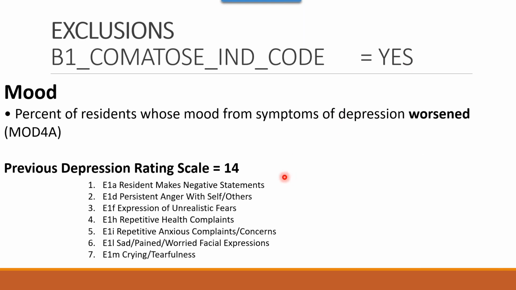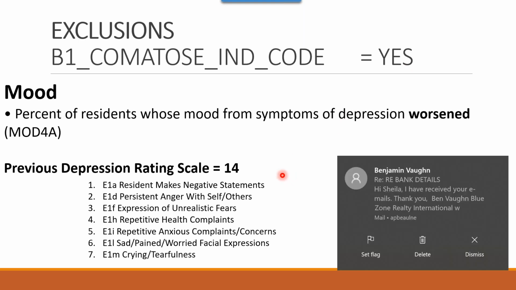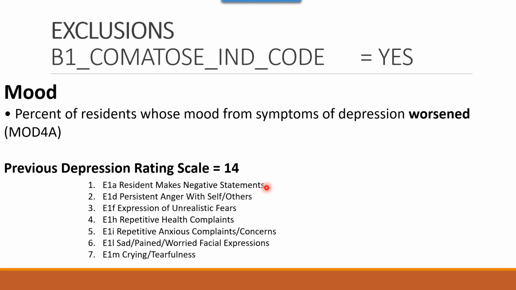Okay. On the previous slide, you can see your depression rating scale is based upon the negative statements from E1: anger with self or others, unrealistic fears, health complaints, other types of complaints, sad, pained, or worried facial expressions, and crying or tearfulness.